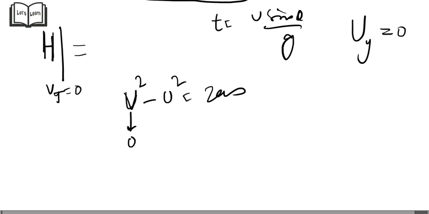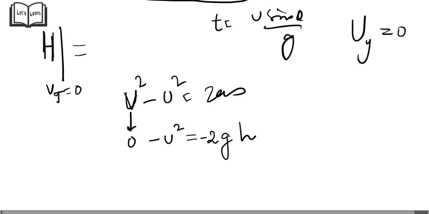So that is minus u square equal to 2gh. Now I have introduced the minus sign because the acceleration is downwards.